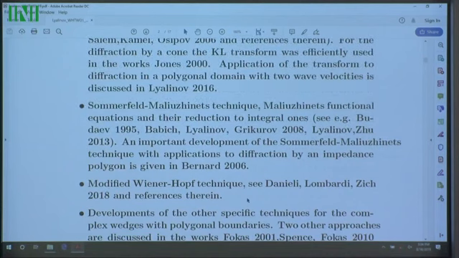I also should mention the modified Wiener-Hopf technique, and due to Danieli, Lombardi, and Zich, you can find some new results dealing with applications, some new structures, some diffraction by more complicated domains. So, to my mind, it's really interesting and nice approach.